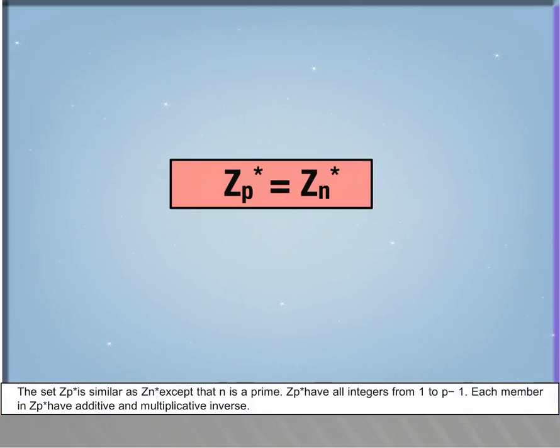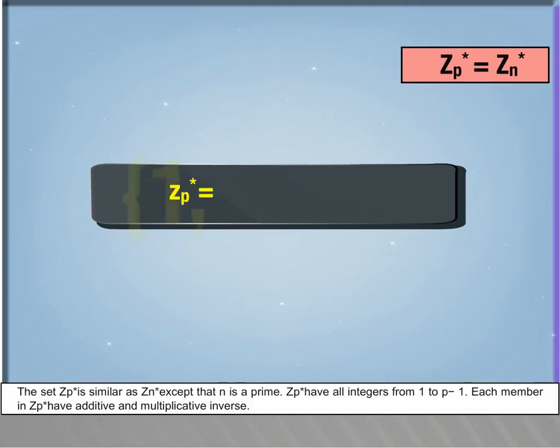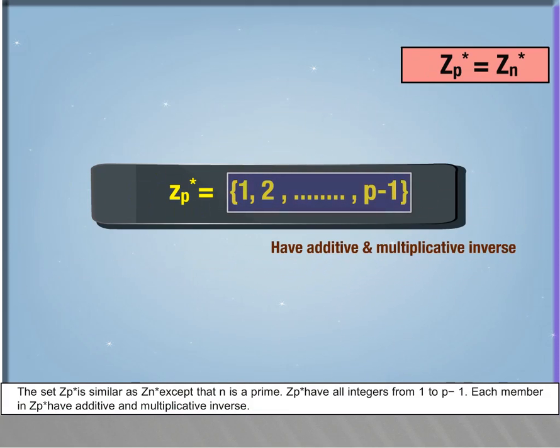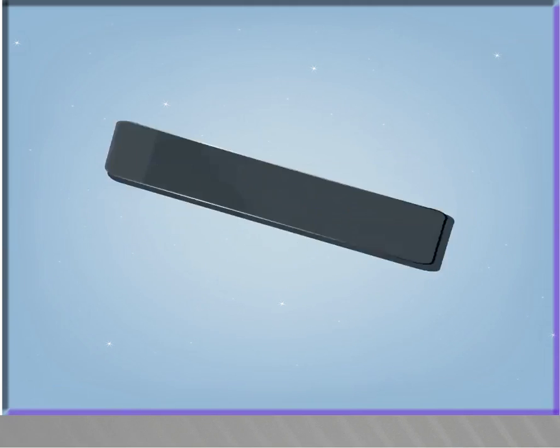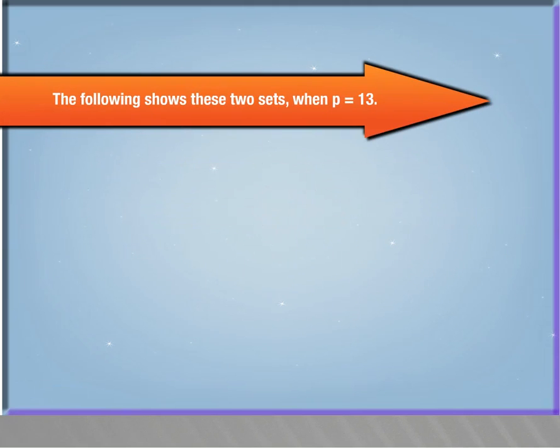The set ZP group is similar to Zn group except that n is a prime. ZP group has all integers from 1 to p minus 1. Each member in ZP group has an additive and a multiplicative inverse. ZP group is a very good candidate when we require a set that supports both additive and multiplicative inverses. The following shows these two sets when p is equal to 13.